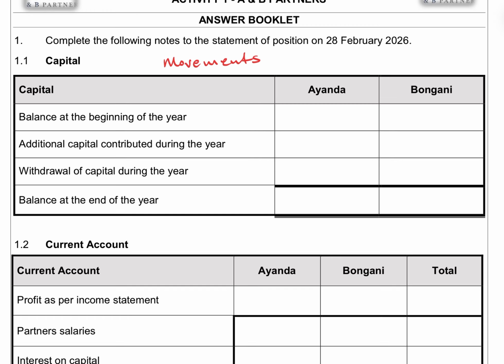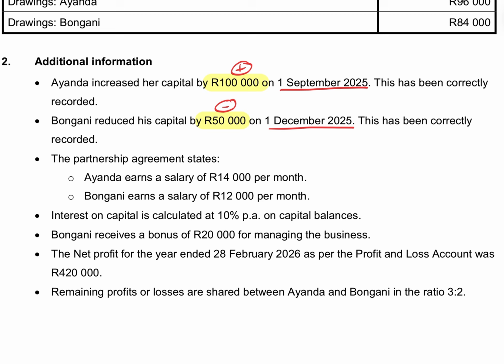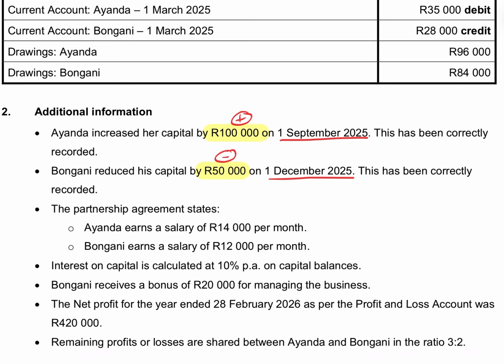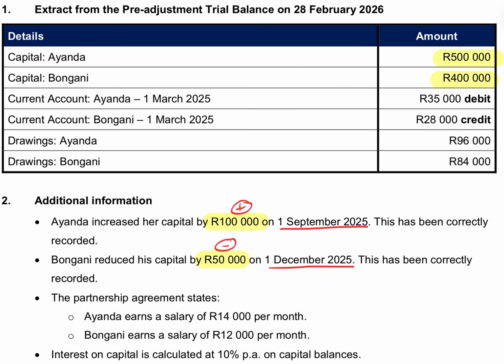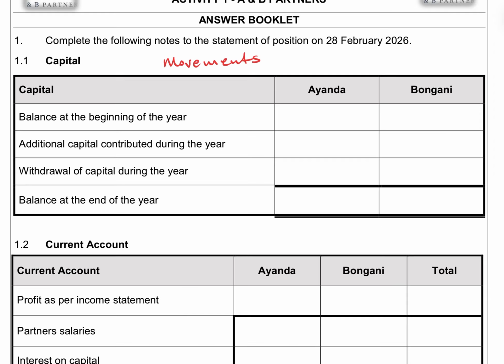So let's start with Ayanda. Ayanda's closing capital is 500,000 as per the pre-adjustment trial balance. She increased her capital by 100,000 as per the additional information during the year. Because this increase has already been recorded, we need to work backwards to find the opening capital balance. So I'm going to write the calculation under the calculation page.